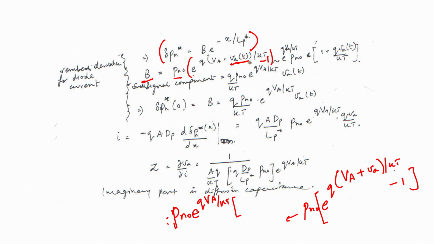But we will approximate that small signal part, we will use a Taylor expansion on that and say that it is 1 by QVA by KT minus 1.